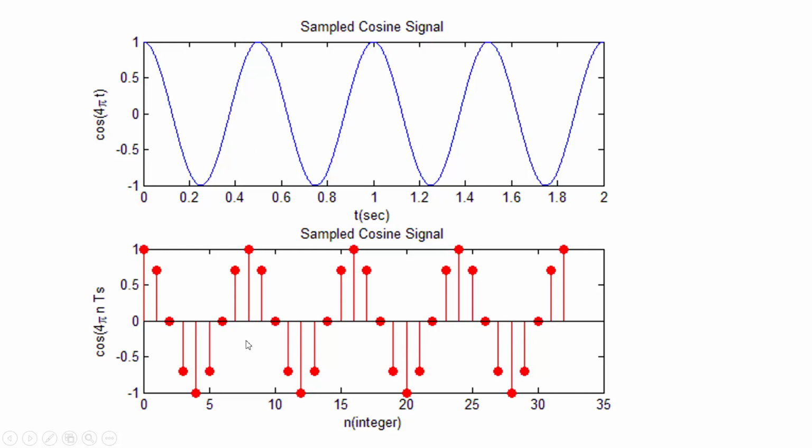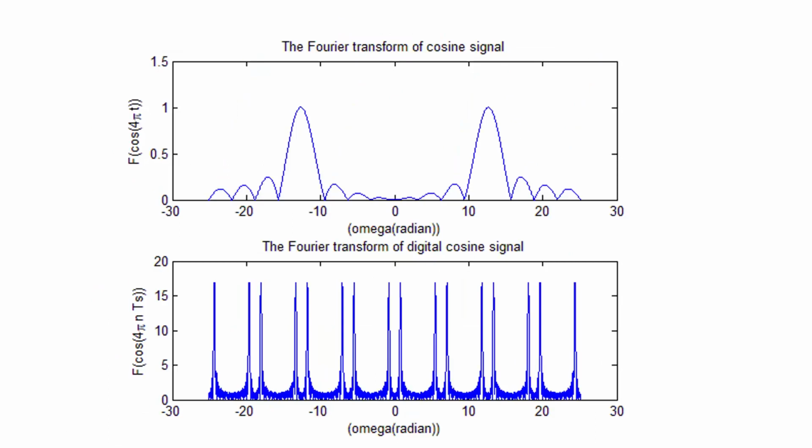We have already seen how to do this, and this is the Fourier transform of the continuous signal, and this is the Fourier transform of the digital signal. Now you see that the Fourier transform of the digital signal will be repeating with a period of 2 pi. So the same signal, these two peaks are there, so these two peaks will come here, these two peaks will come here.